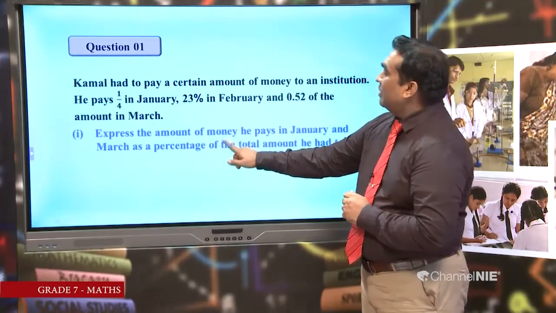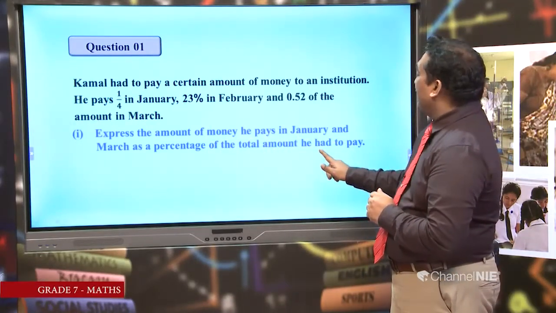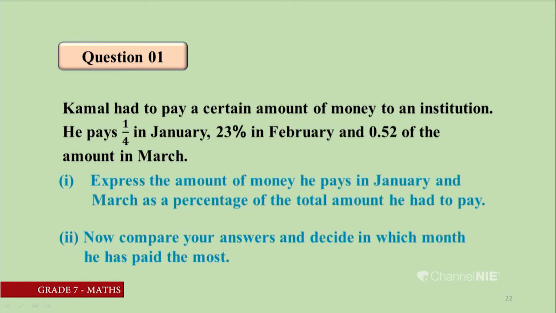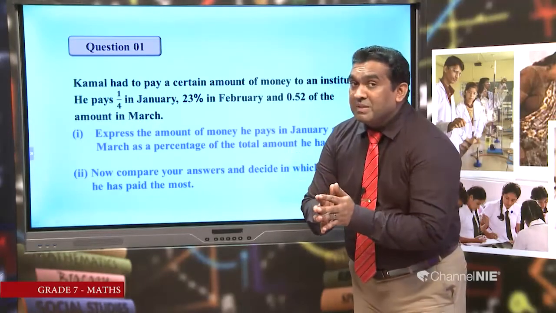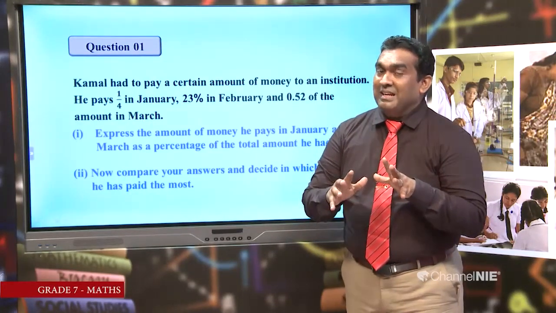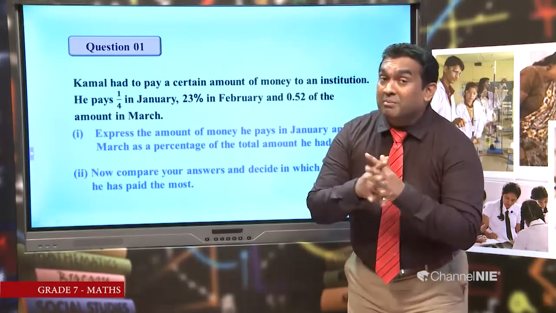Express the amount of money he pays in January and March as a percentage of the total amount he had to pay. That is our first question. Now compare your answers and decide in which month he has paid the most. Comparison of fractions in grade 6 class. Comparison of decimals in grade 6 class. Not only 6, in grade 7 also we did more about decimals.